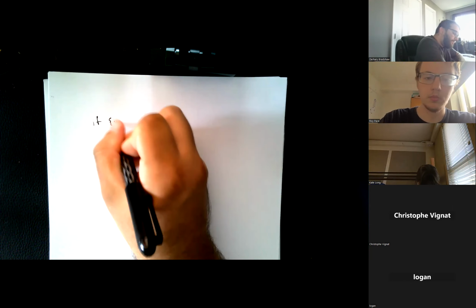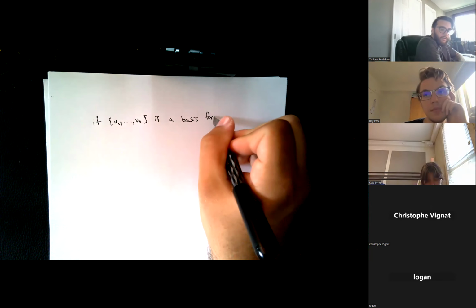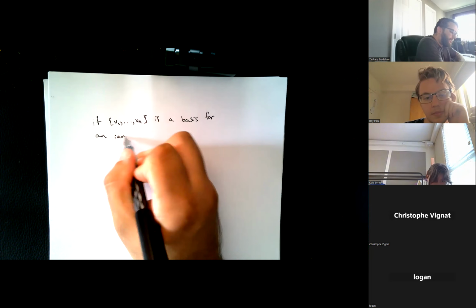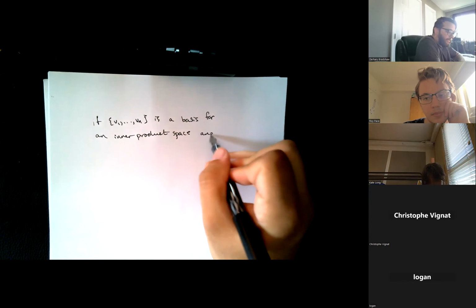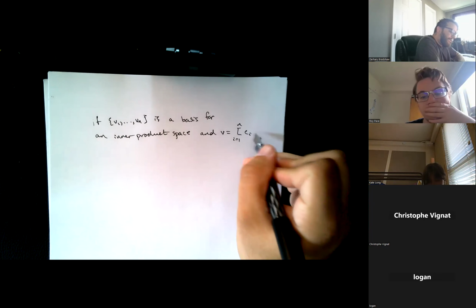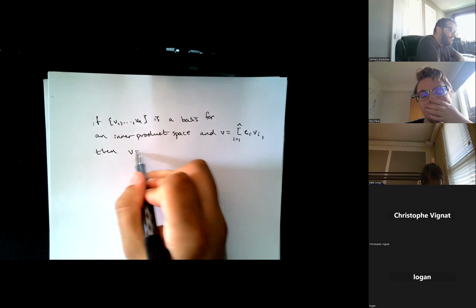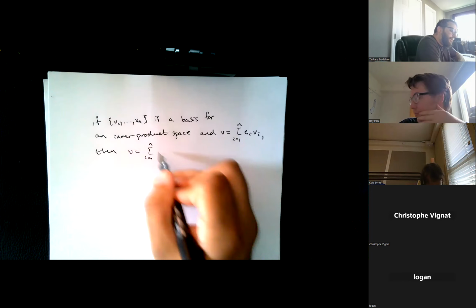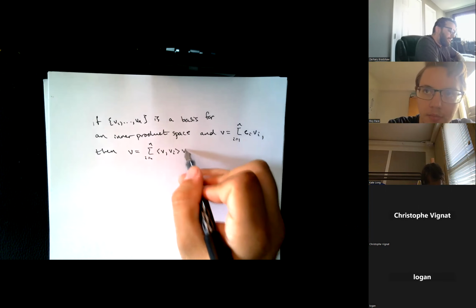So note that if v1 through vn is a basis for an inner product space, and v is equal to the sum from i equals 1 to n of Ci Vi, then actually we can just write v as the sum from i equals 1 to n of the inner product of v with Vi times Vi.